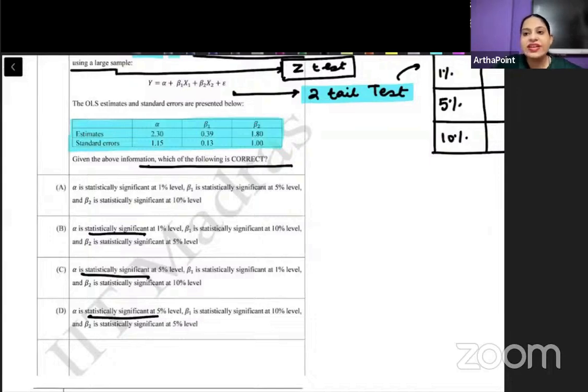You just have to create null and alternative, and try to do these three questions. Quickly try this one first before I do it. Remembering Z values is very, very important.